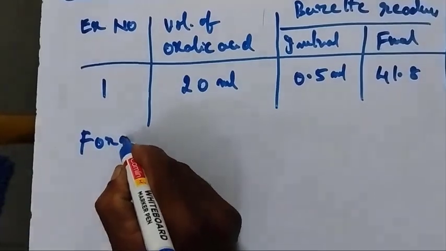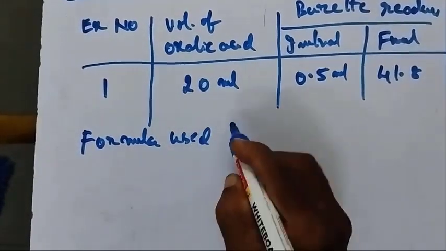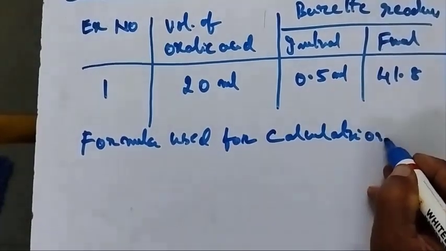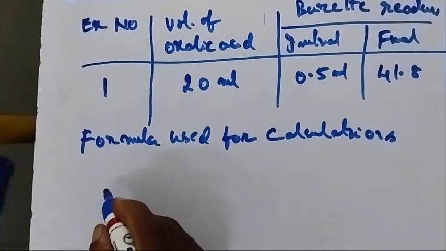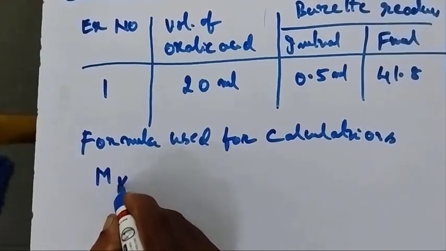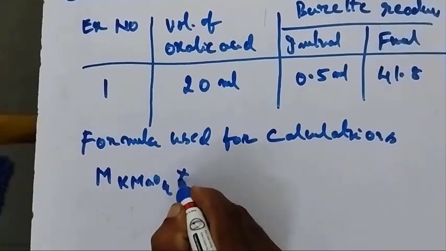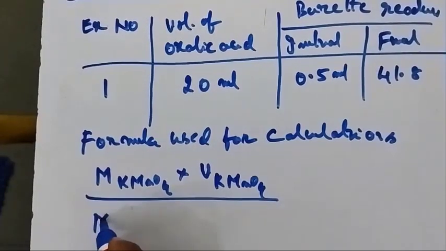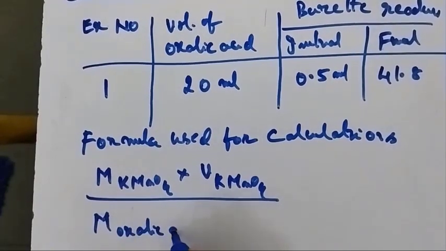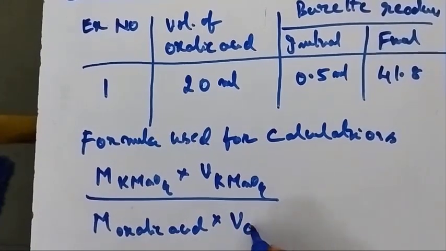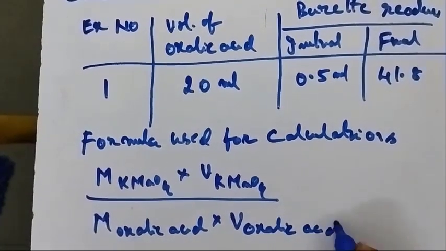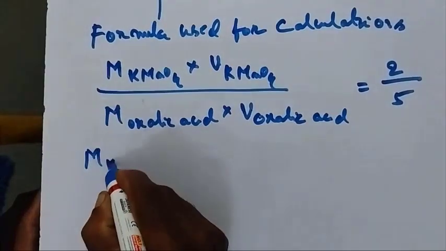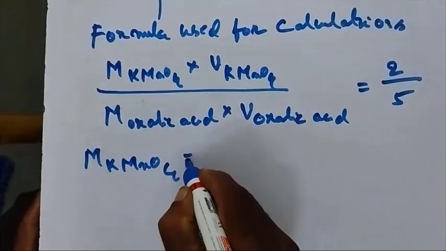Now the formula used for titration calculations: molarity of KMnO4 into volume of KMnO4 by molarity of oxalic acid into volume of oxalic acid is equal to 2 by 5. Molarity of KMnO4 is what we have to find.